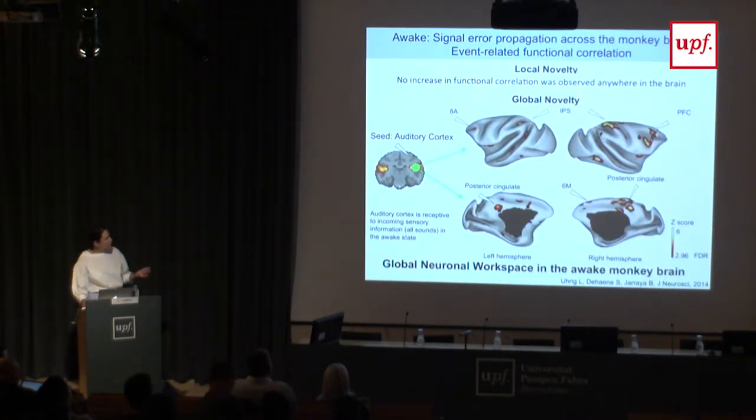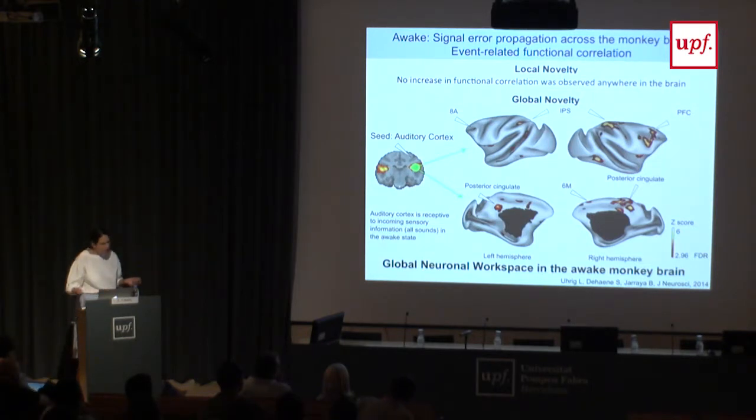So we also did some other analysis of this fMRI study, not only using the classical contrast for the global effect, where you take the rare stimuli minus the frequent stimuli, but also doing a signal propagation analysis across the brain for this global effect.